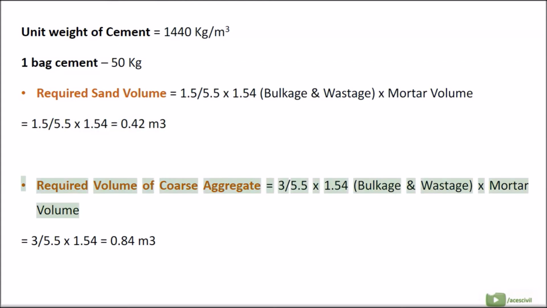Required volume of coarse aggregate equals 3/5.5 x 1.54 (bulkage and wastage) x mortar volume, equals 3/5.5 x 1.54 equals 0.84 m3.